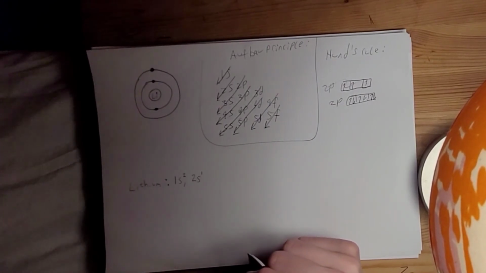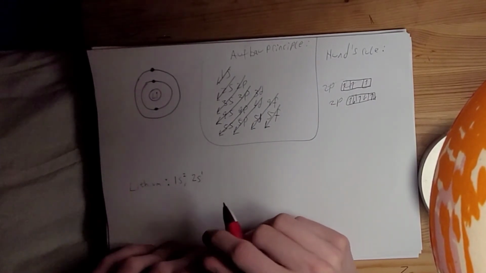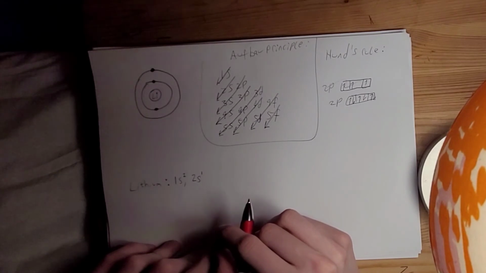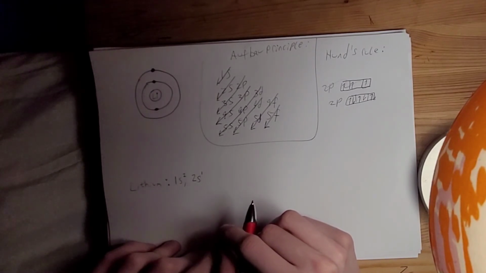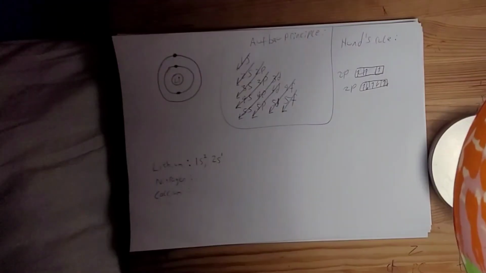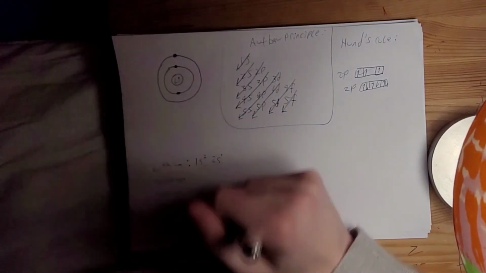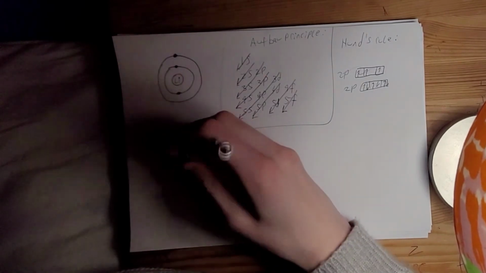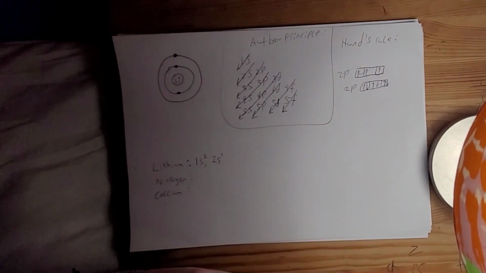Let's draw nitrogen's electron configuration. Nitrogen has 7 electrons.